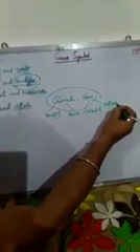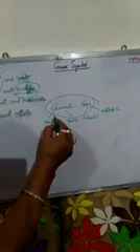Suppose I make it trait 1 and trait 2. So a gene also has alleles, or the alternative forms. This is allele 1, allele 2. Now there was another parallelism: for a single character there is a gene involved, and the different forms of the gene govern the different forms of the character.